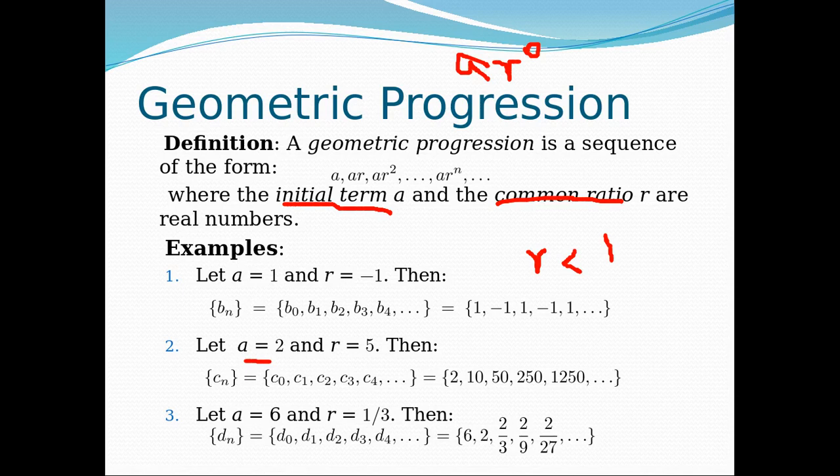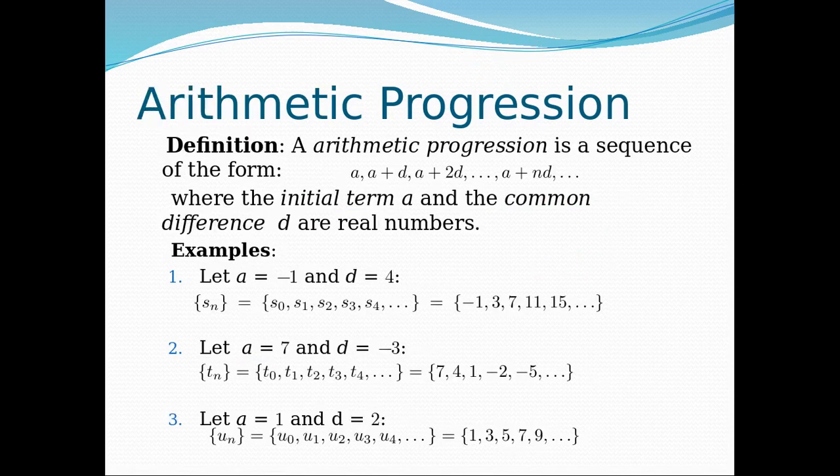So geometric progressions tend to be very fast, and when I say fast, I need to compare it with something. Relative to what? So it can be compared to arithmetic progressions. An arithmetic progression is a sequence of the form a, a plus d, a plus 2d, and a plus nd.